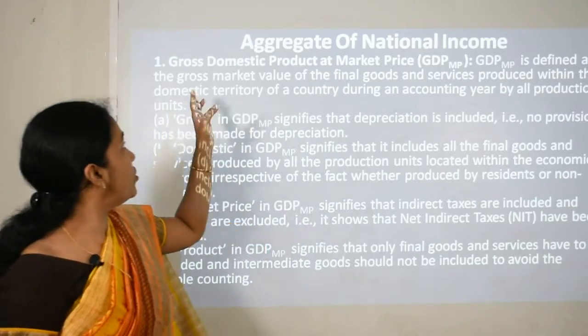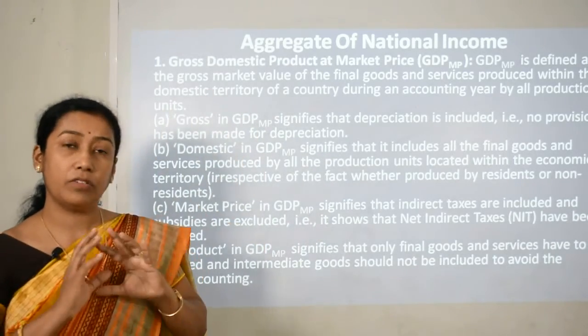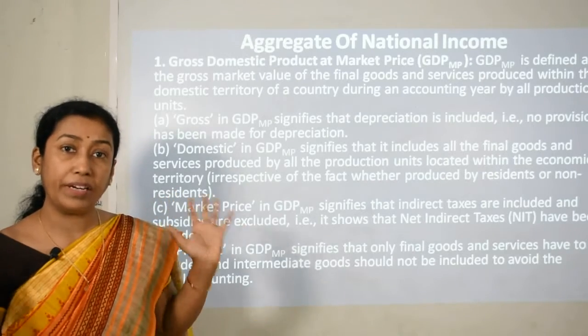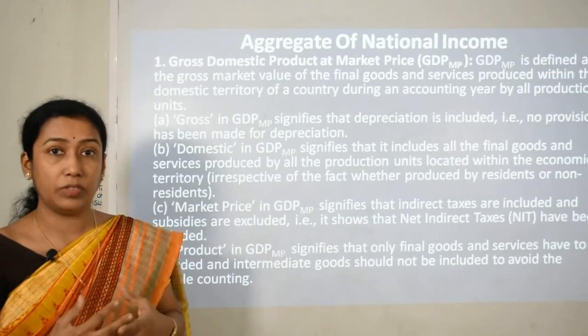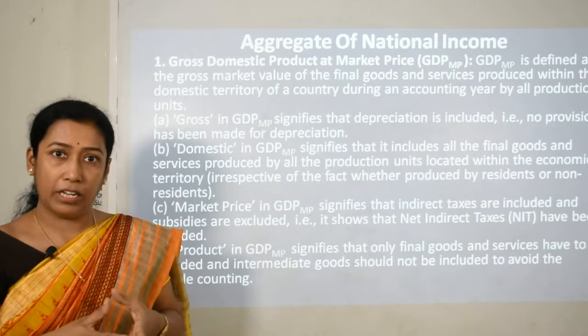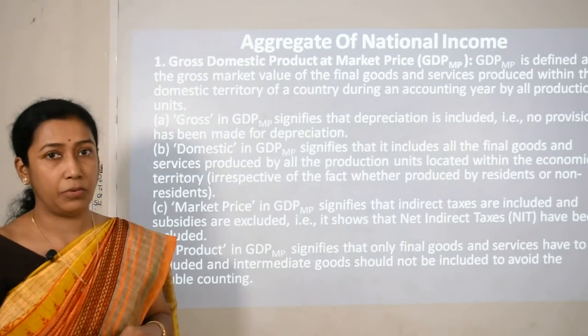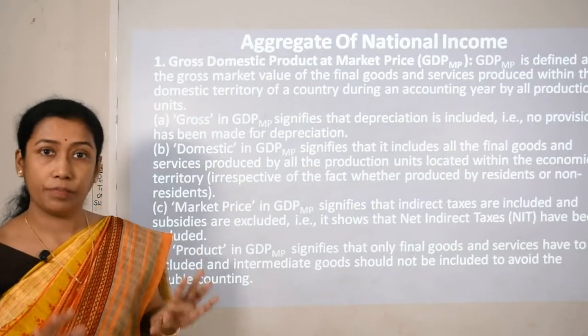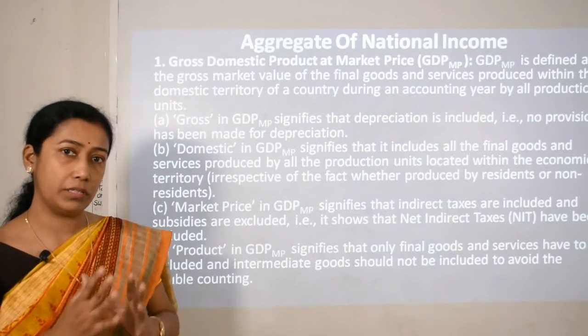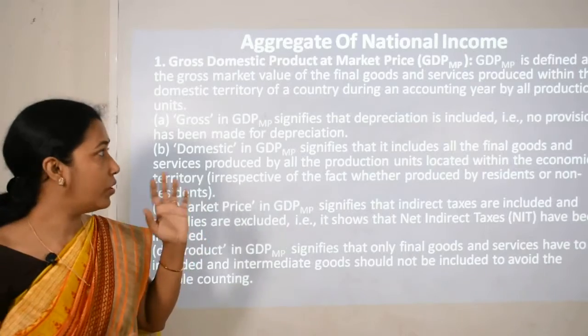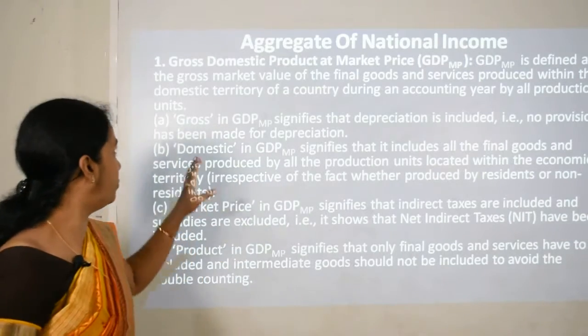That is, when we say GDP at market price, it refers to the final value of all the goods and services which are produced within the domestic boundaries of a nation in one financial accounting year by all the production units. So, all those final goods and services, their market value will be called GDP at market price.